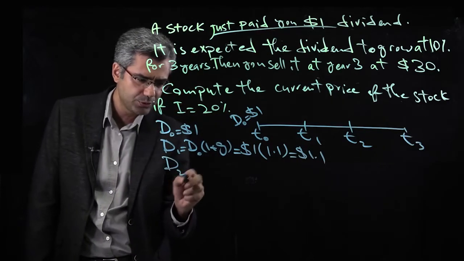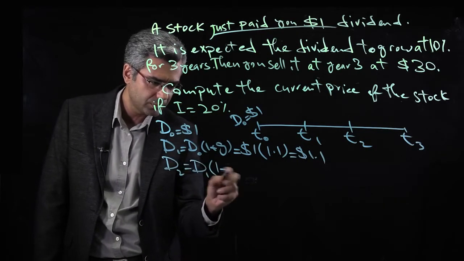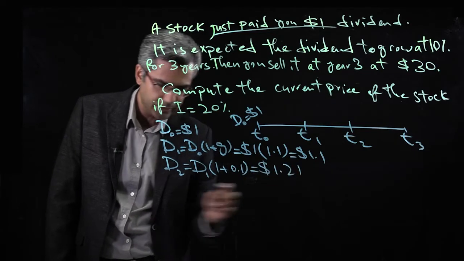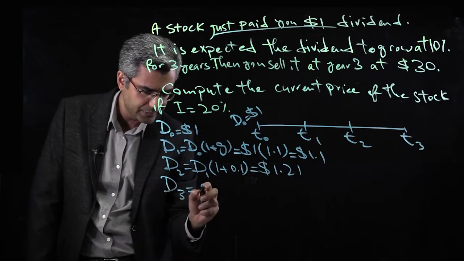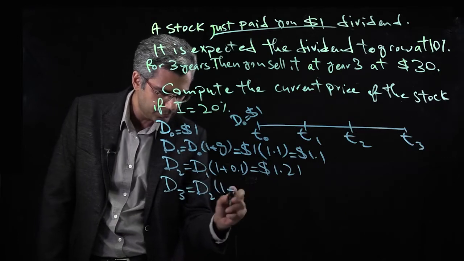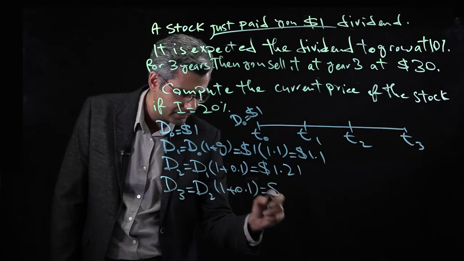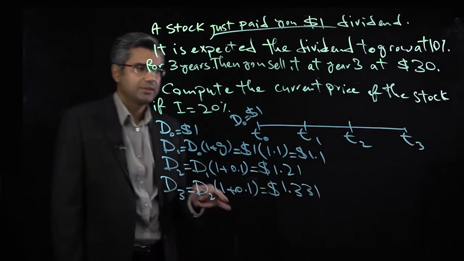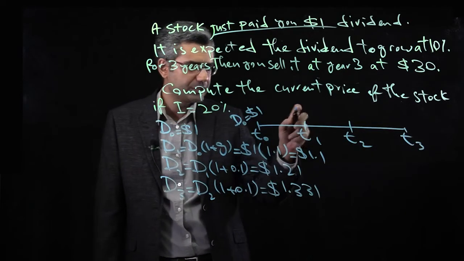And you can compute D2. D2 is D1 growing at 10%, so it's 1.21. And D3 is D2 times 1 plus 0.1, which is 1.331.